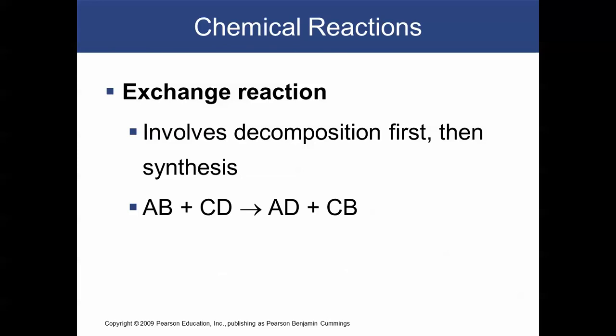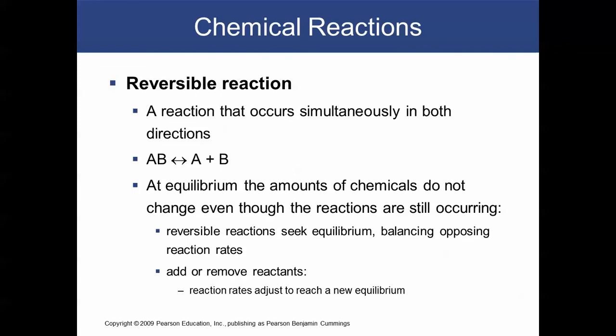We just take one and move it onto another. So we can have AB plus CD, and now we have AD plus CB. It just kind of switches around. And sometimes reactions are reversible. Sometimes it really goes in one direction, and it's really difficult to go in the opposite direction. So things can be moving in either direction.